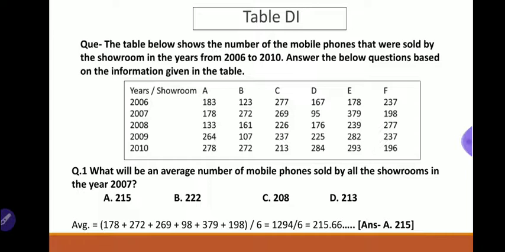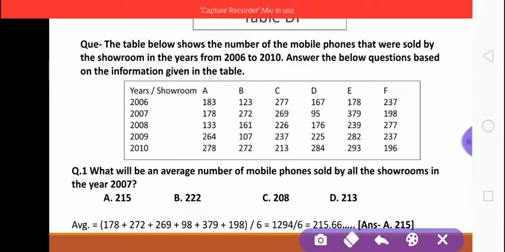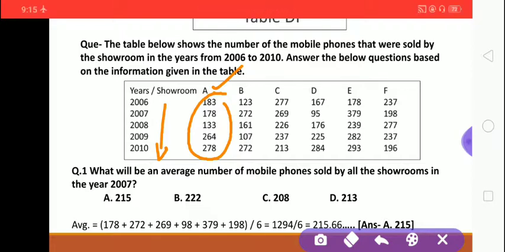So those numbers 183, 178, 133, 264 and 278 represent the sale of mobiles by showroom A for these years, and that I have read in the question only. These are the mobile phones sold by these showrooms.